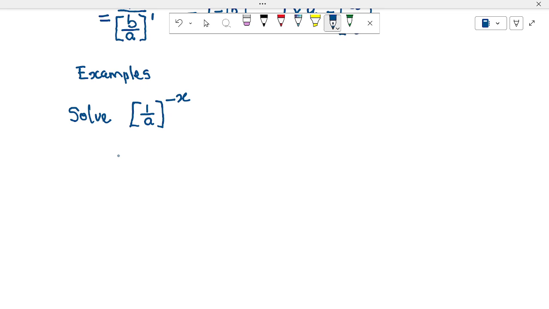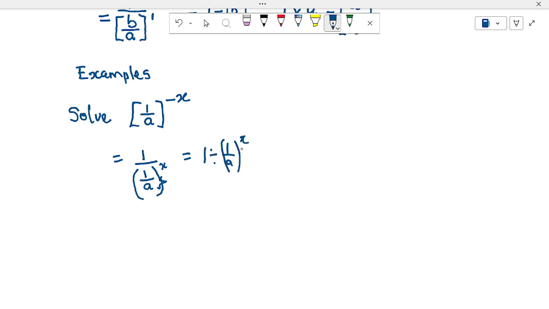So from the law that we just stated, this will be the same as 1 divided by 1 all over a raised to power x. Let's mind my brackets.